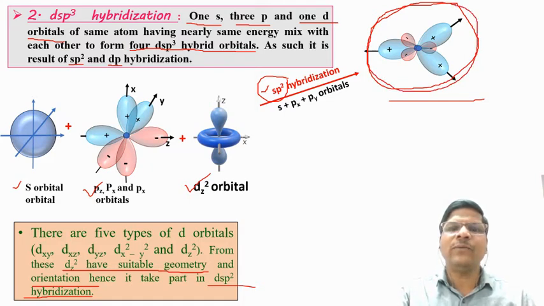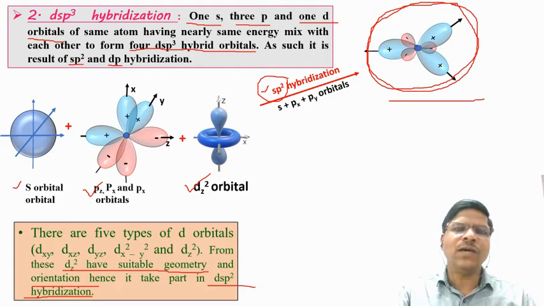Already we are familiar with sp2 hybridization. They are oriented at the corners of a regular triangle, in the horizontal plane, and they give rise to the trigonal geometry.